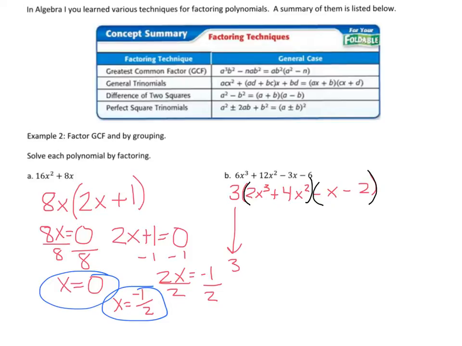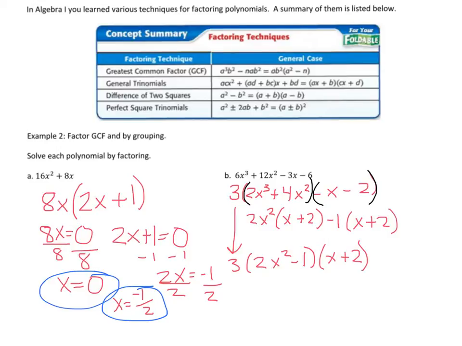So from the first piece, I can take out a 2 and an x squared, and I'm just going to be left with x plus 2. And for my second piece, I can only take out a negative 1. But here I'll also have x plus 2. So my new factors are going to be 2x squared minus 1 and x plus 2.